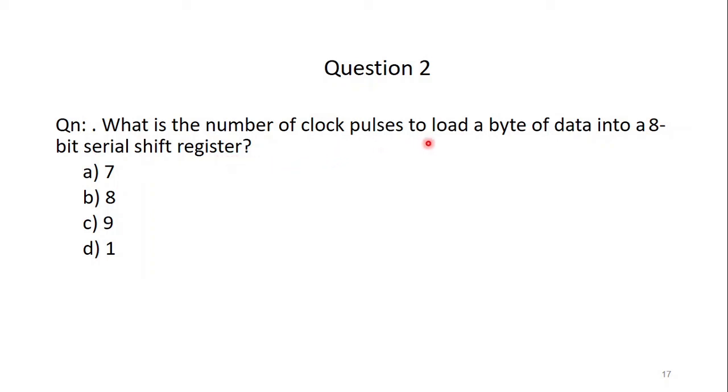A byte of data means 8 bits need to be loaded. In the serial mode of operation, for serial input we need one clock pulse for the first data bit. So for loading 8 bits we need 8 different clock pulses.